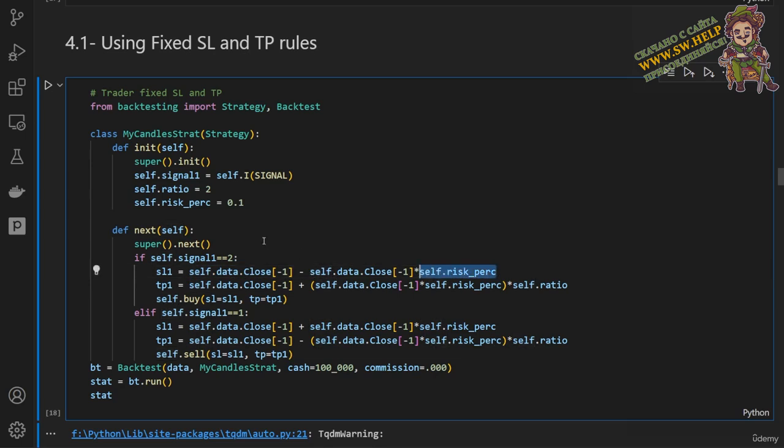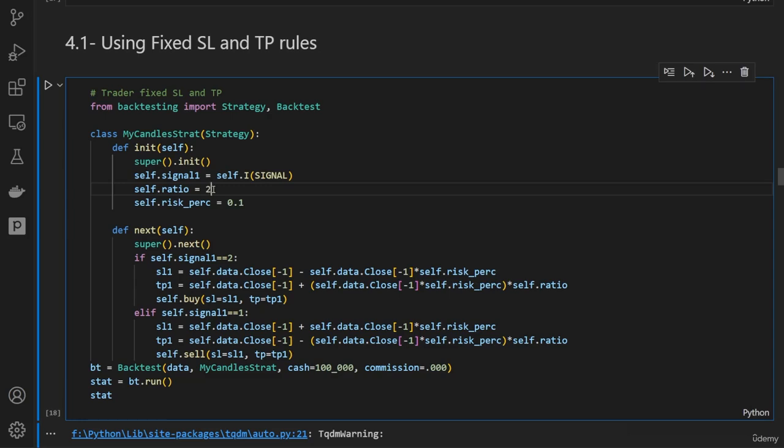So we are removing a small percentage of the current closing price, and this is how we're setting our stop loss. The take profit is equal to the current closing price plus the distance of the stop loss times the ratio, which is the risk reward ratio. The distance to the take profit is twice as large as the distance to the stop loss.